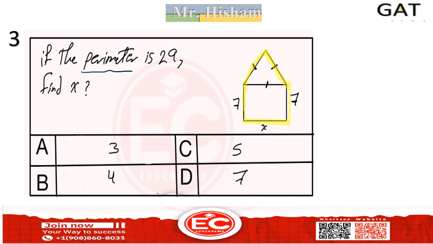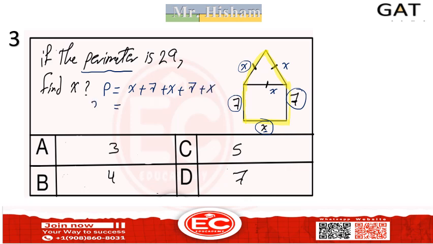So I wanted to find the perimeter. This is x, so this is x, so this is x, so this is x. So the perimeter is equal to x plus 7 plus x plus 7 plus x.